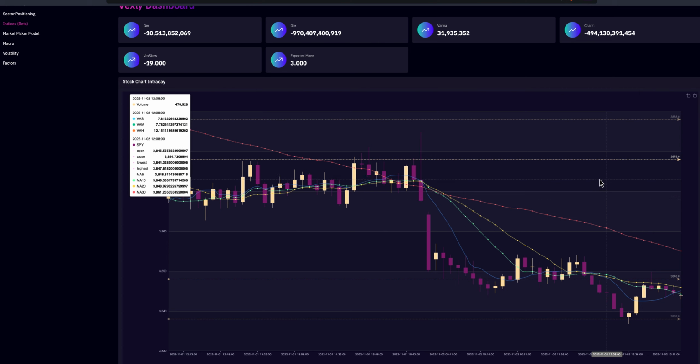This is a great example of how to use this information to actionably trade. This is in American time. We were trading at the end of the market yesterday at around 3878.